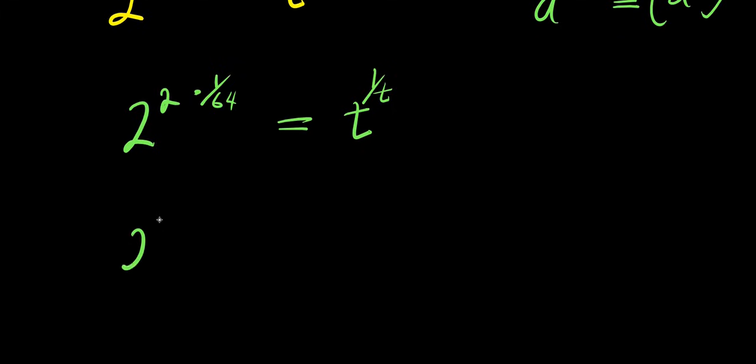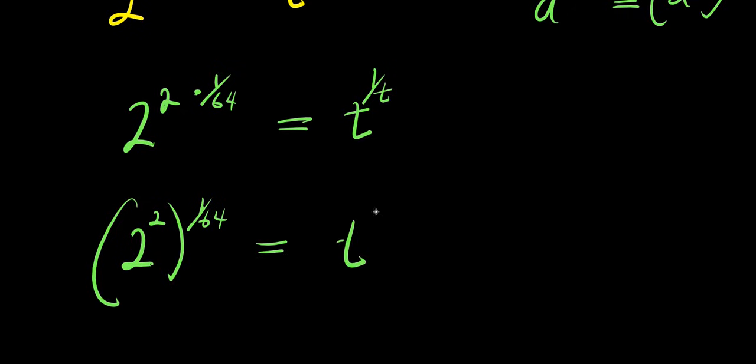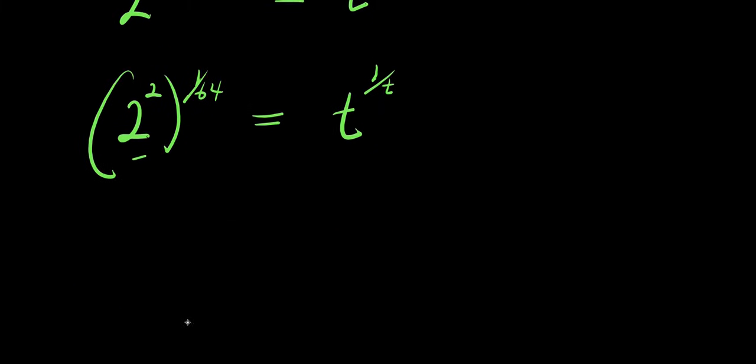So this will give us 2 power 2 power 1 over 64 equals t power 1 over t. 2 power 2 is 4, so we have 4 power 1 over 64 equals t power 1 over t.